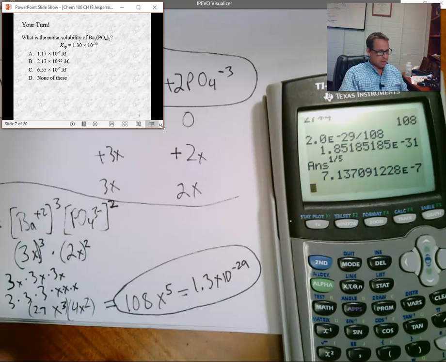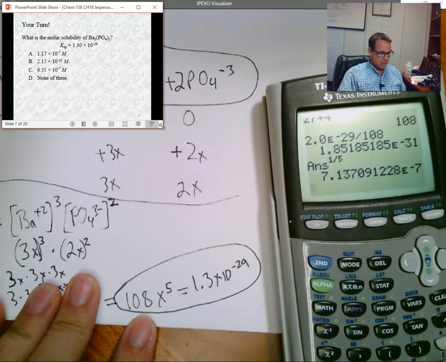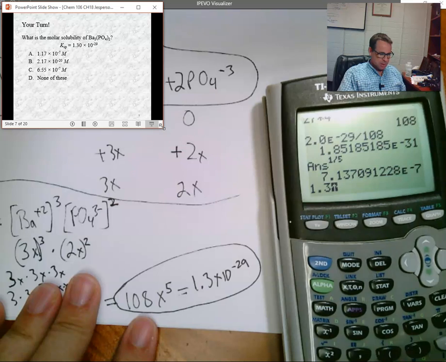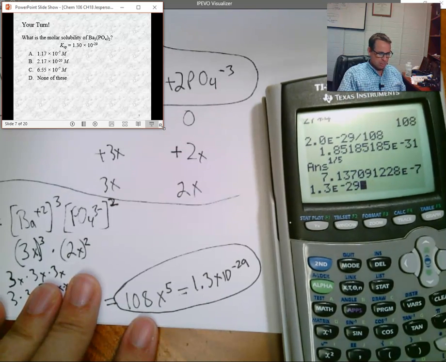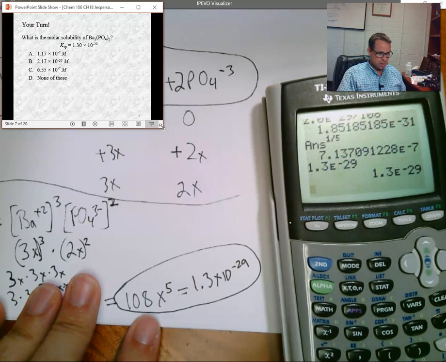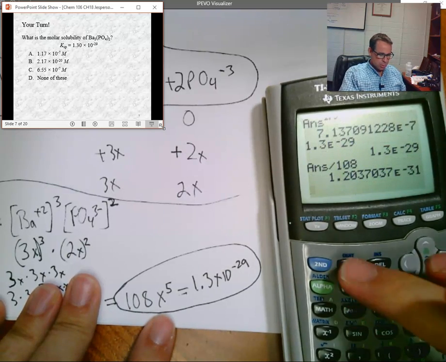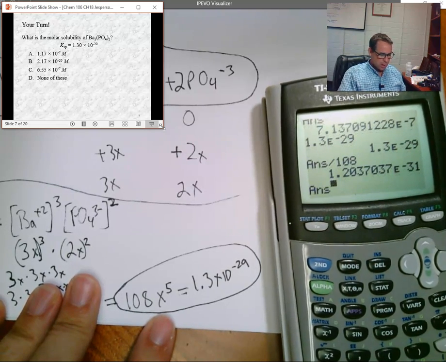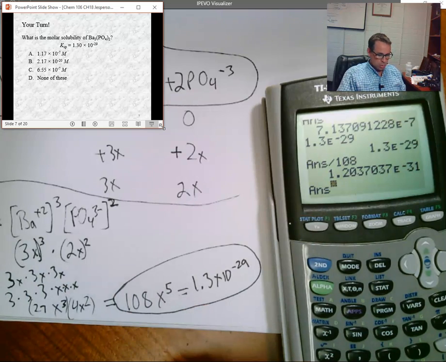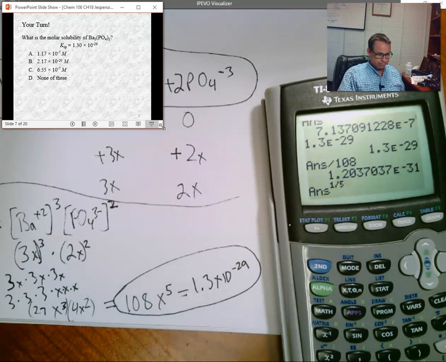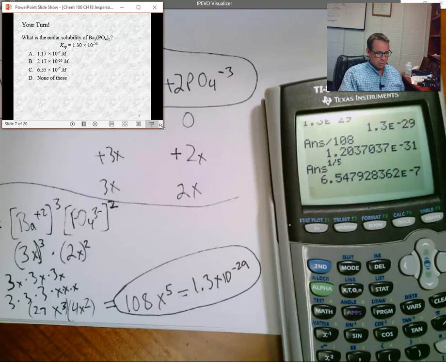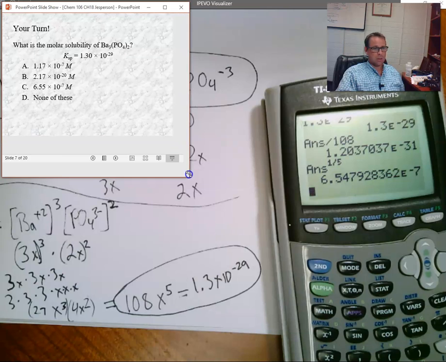I would go 1.3 times 10 to the minus 29, then push enter, divide by 108, and then take the 5th root by raising that answer to 1 over 5. So 6.5 times 10 to the minus 7. Is that one of my answers? It is.